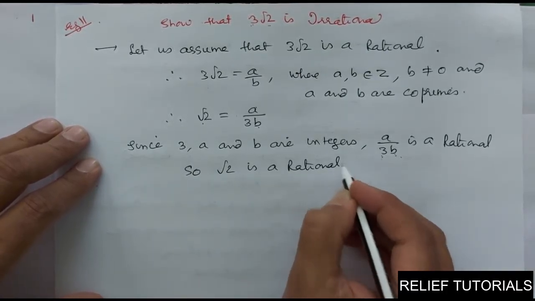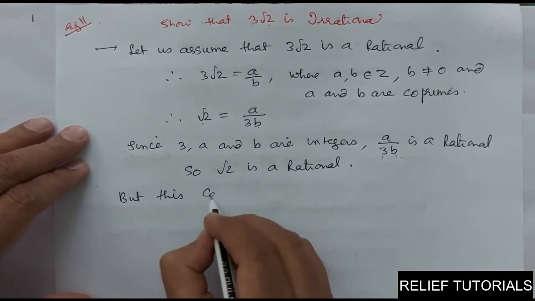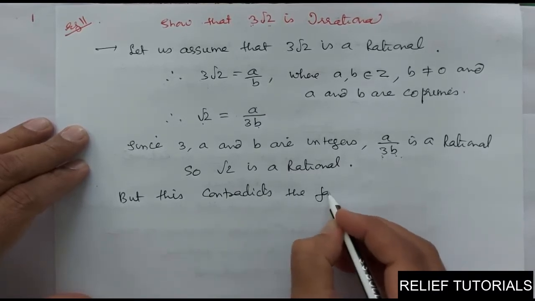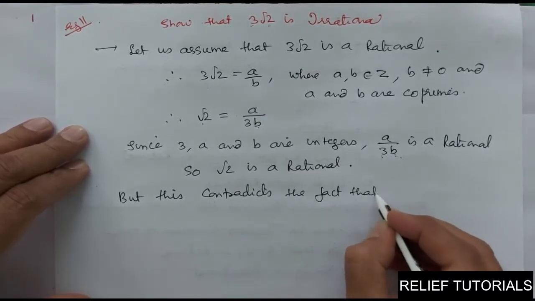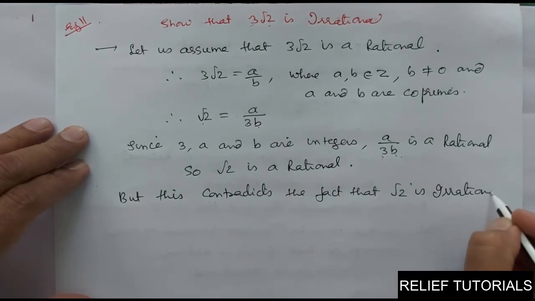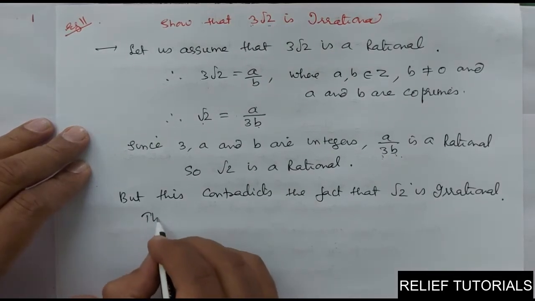But same thing, this contradicts the fact that root 2 is irrational. And you know that this contradiction has arisen. Same thing we have to write.